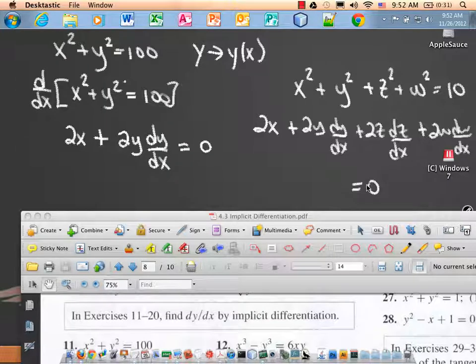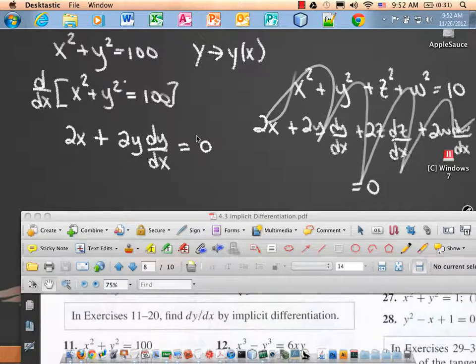Because what you would be doing is assuming that y, z, and w are functions of x. You wouldn't have to put dx/dx at the beginning because if you take the derivative of x with respect to itself, it ratios out to 1. So there's no reason to do that. So you can take derivatives of multivariate equations now. Does that kind of make sense? A little bit? Okay. This part you don't need to write down, so you can just forget that.